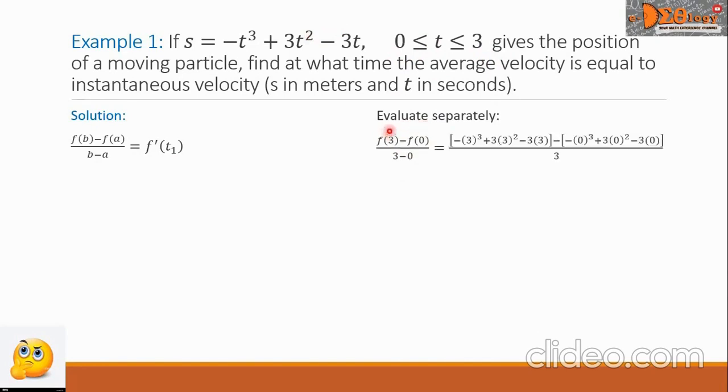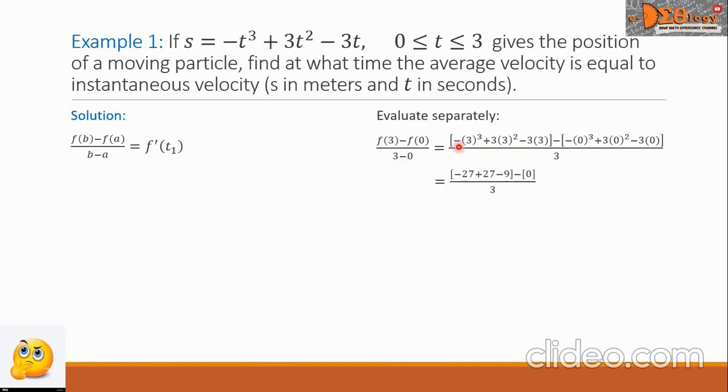So the f of 3 now becomes negative 3 cubed plus 3 times 3 squared minus 3 times 3, minus the f of 0. So we write here negative of 0 cubed plus 3 times 0 squared minus 3 times 0, all over the 3 minus 0, which is simply 3.